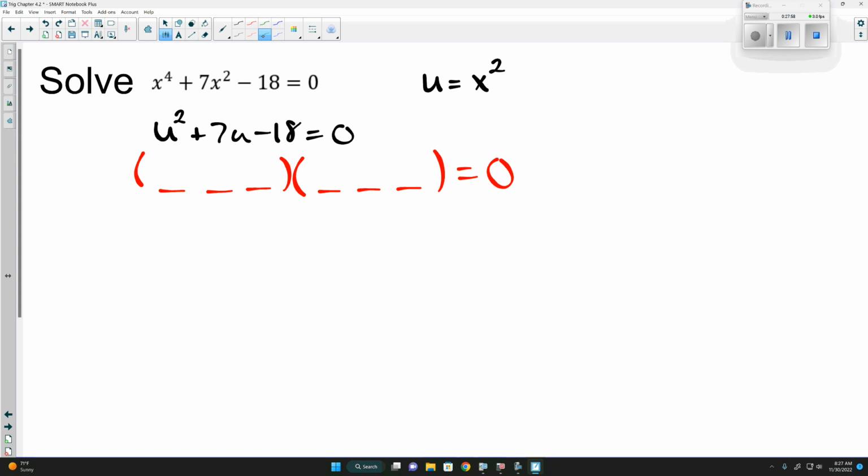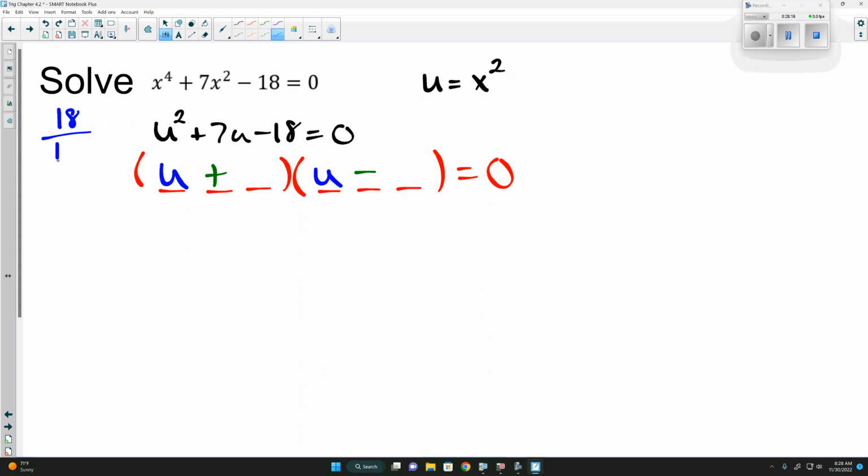Then we find the sign. So if we look at the third term, if it's positive, the signs are the same and match the sign of the middle term. If it's negative, our signs are opposite. Luckily for us, the factors of u squared are u and u.